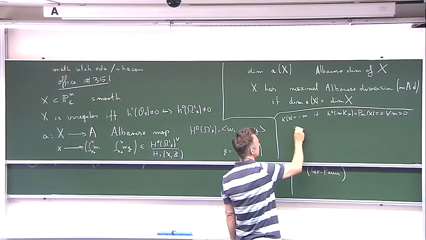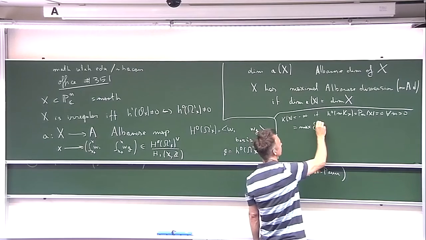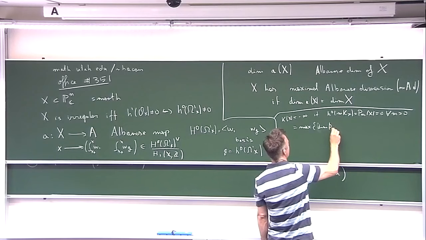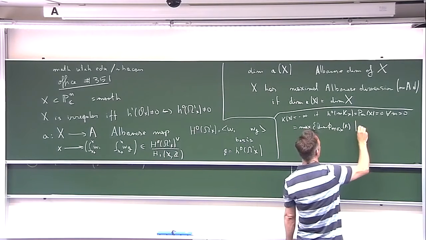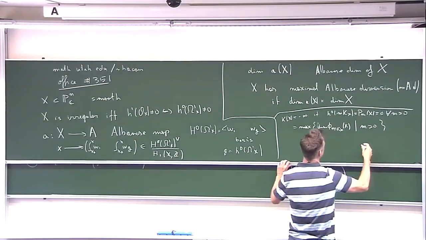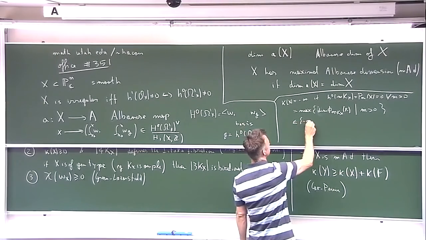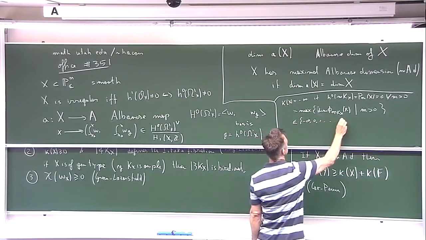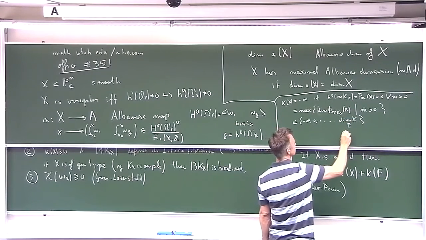And otherwise, the Kodaira dimension is the maximum of the dimension of the image of X under multiples of the canonical line bundle, where m is greater than 0. And so the Kodaira dimension is always a number that is either minus infinity, 0, 1, all the way up to the dimension of X. And the case when it's equal to the dimension of X is known as the case of general type.